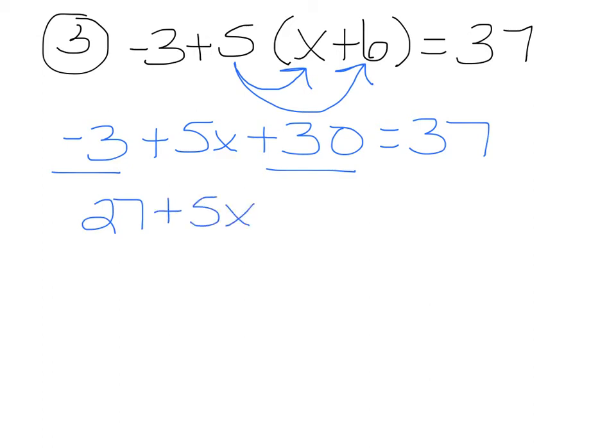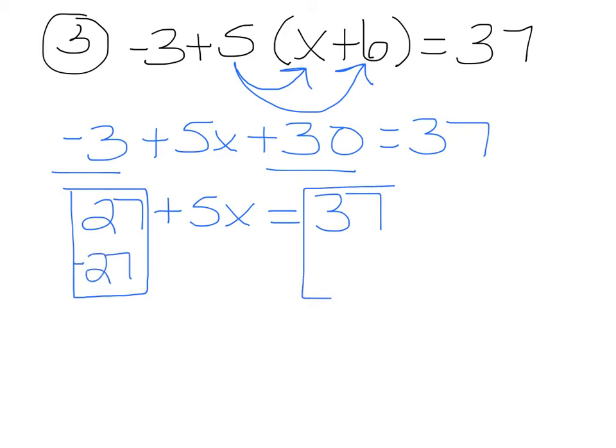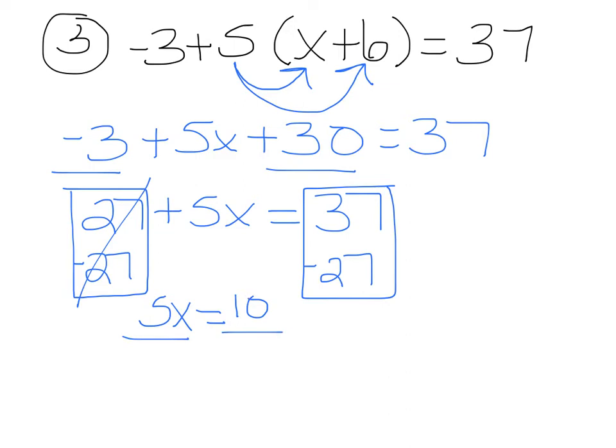I'm going to bring down my 5x, and that's all equal to 37. My variable term x is by itself on one side, so I'm going to get rid of the 27 by doing minus 27 to both sides. This leaves me with a zero pair on the left side and 5x to bring down, and 37 minus 27 is 10. Last step is divide by 5, and x is equal to 2.